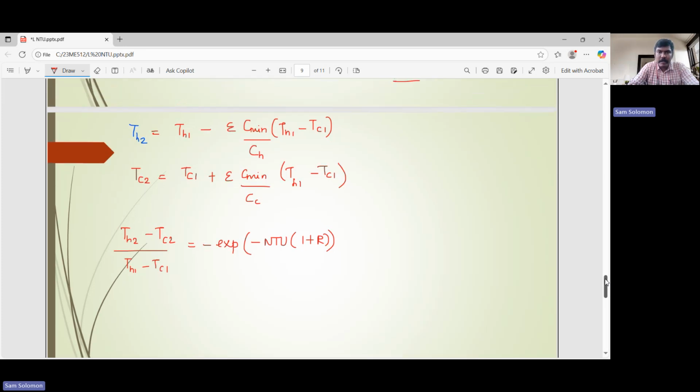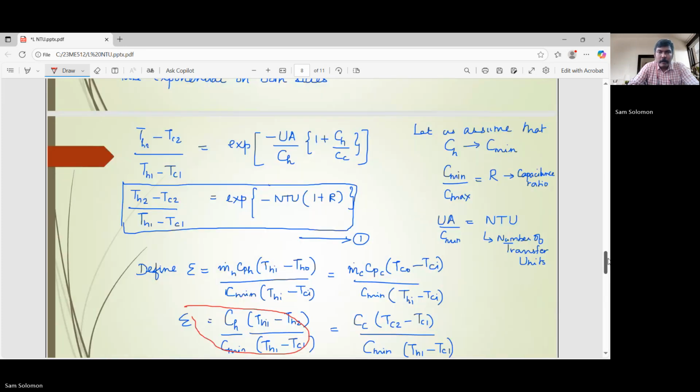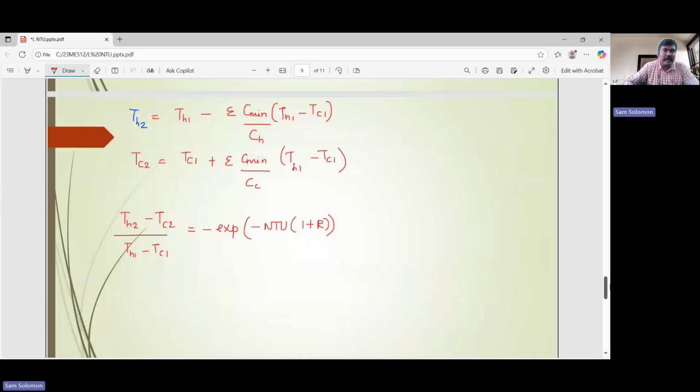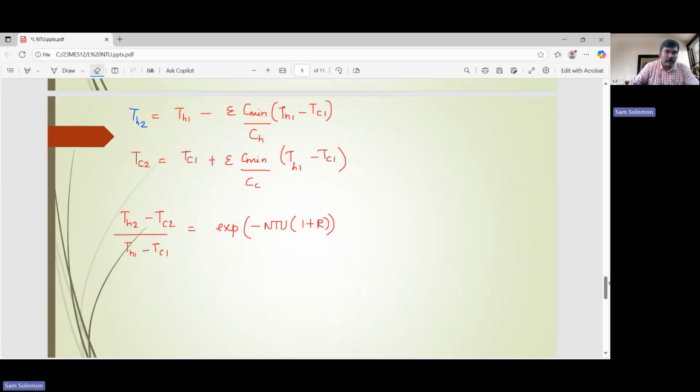Let's check this once. Just exponential of, we don't have a minus here. So exponential of minus NTU times 1 plus R. Now what we will do is substitute for TH2 and TC2 in this particular equation. So 1 by TH1 minus TC1 will remain untouched.